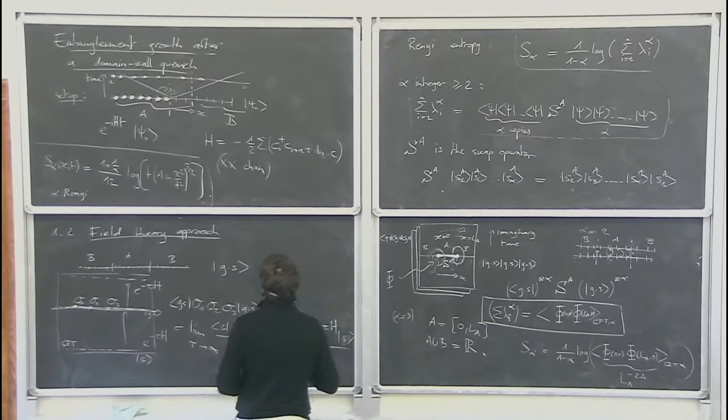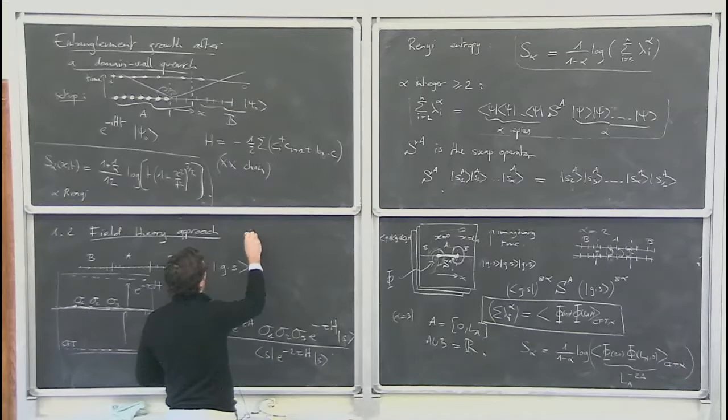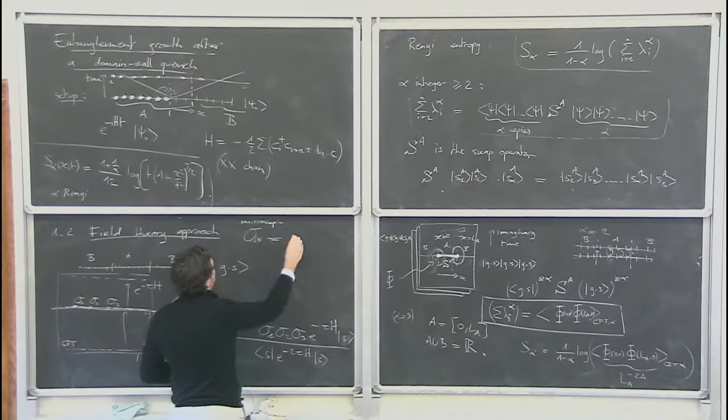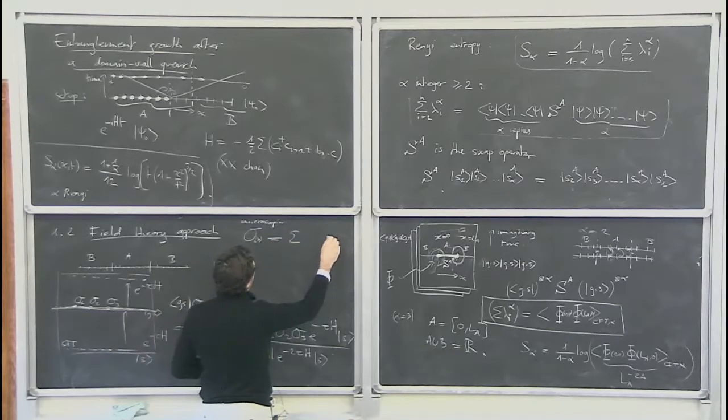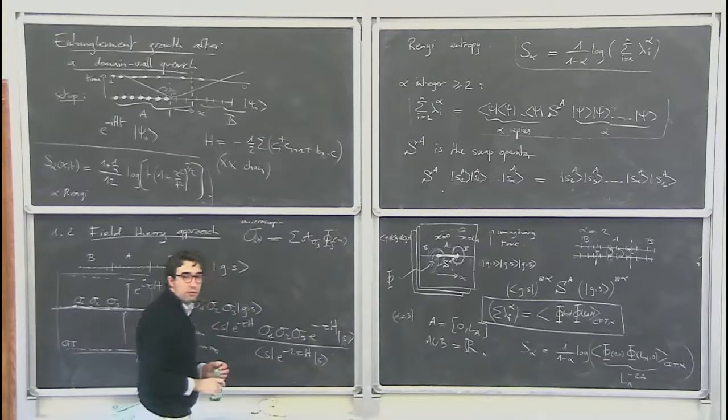Okay, so this is just saying that if you have one operator in your microscopic model, generically you can write it as an infinite sum of operators in the field theory with some coefficients, which depend on this operator O and on all the fields in the field theory.